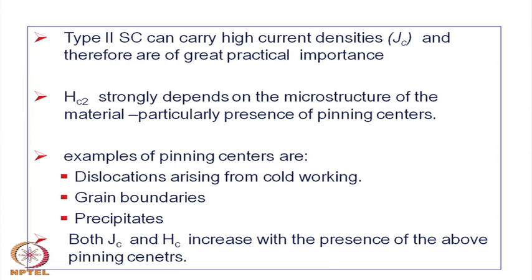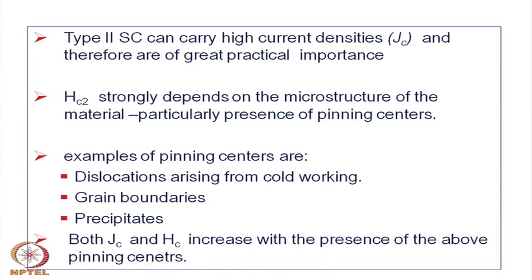In most cases, advantage has been taken of this in practical applications or practical devices, whatever one wants to make out of these superconducting materials. Both Jc and Hc matter. Jc is the critical current density above which a superconducting material changes to a non-superconducting state, and that of course relates to the magnetic field.